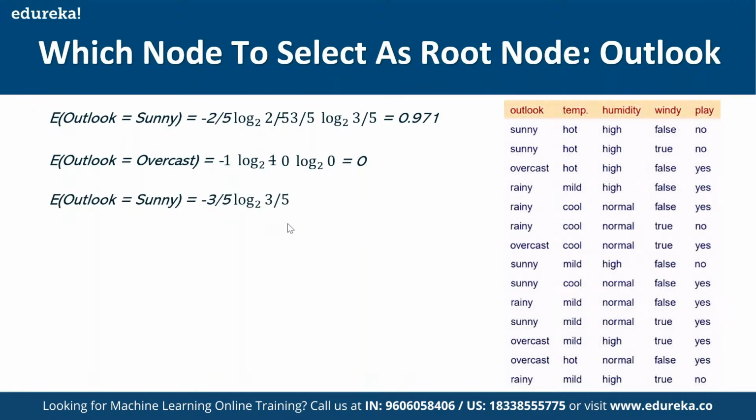In that case, you will again put in the formula and you will get 0.971, right? So you will find the entropy for each and every distinct value of your feature. You got my point, right? Outlook being sunny, overcast, and rainy. This should be replaced here, right?